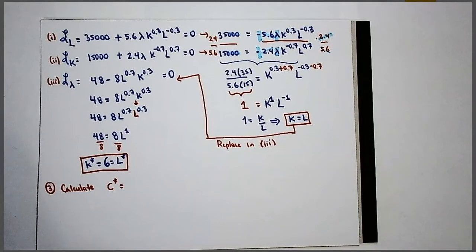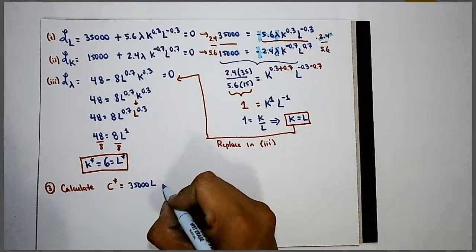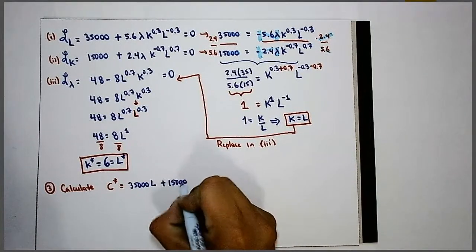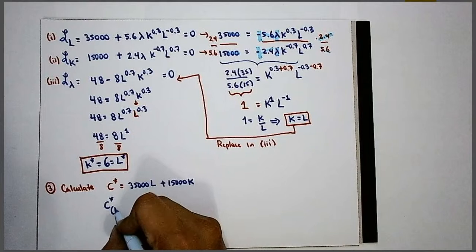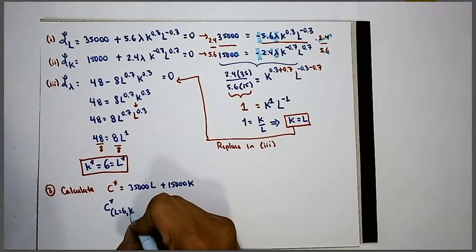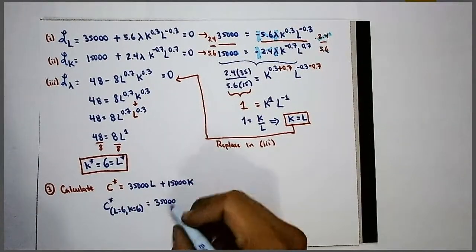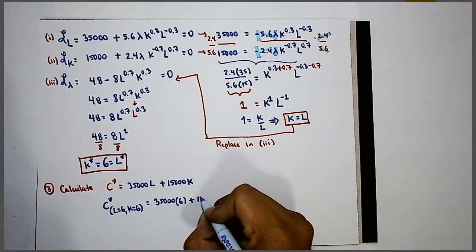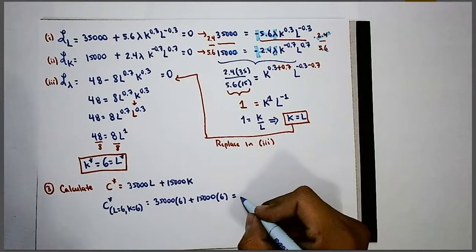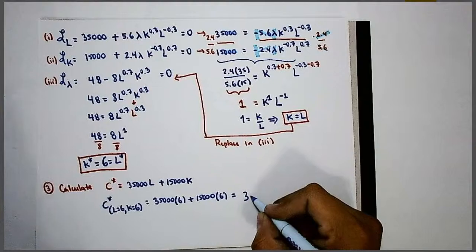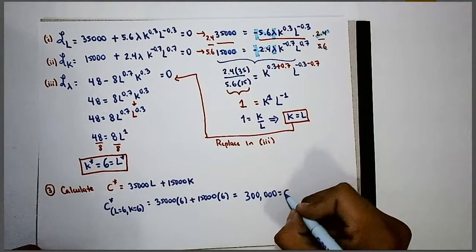And remember, the cost function was 35,000 times L plus 15,000 times K. So let's replace L equals 6 and K equals 6. So this is 35,000 times 6 plus 15,000 times 6. And this is equal to 300,000. So this will be our optimal cost.